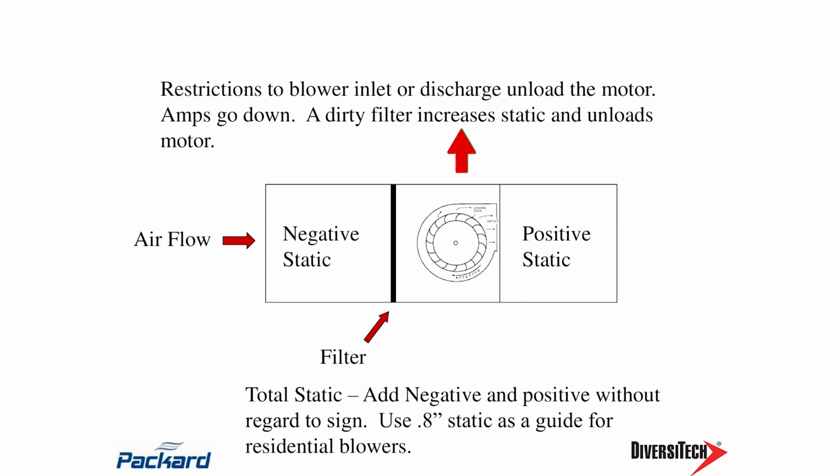Not on a blower. It's restricting more air. So there's even less load on that. Motor will go a little faster. What will the amps do? Drop. We love low amps, right? Are low amps good? Not necessarily.